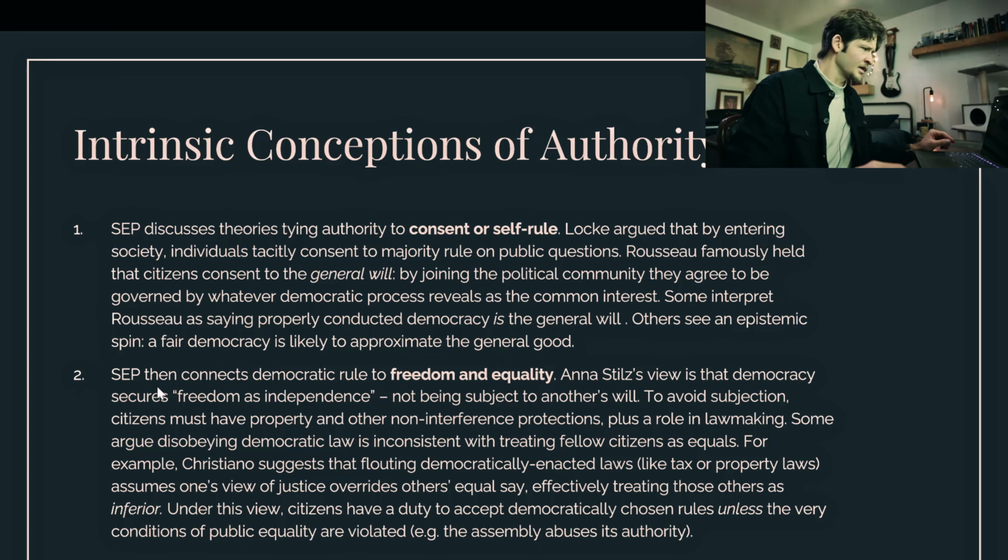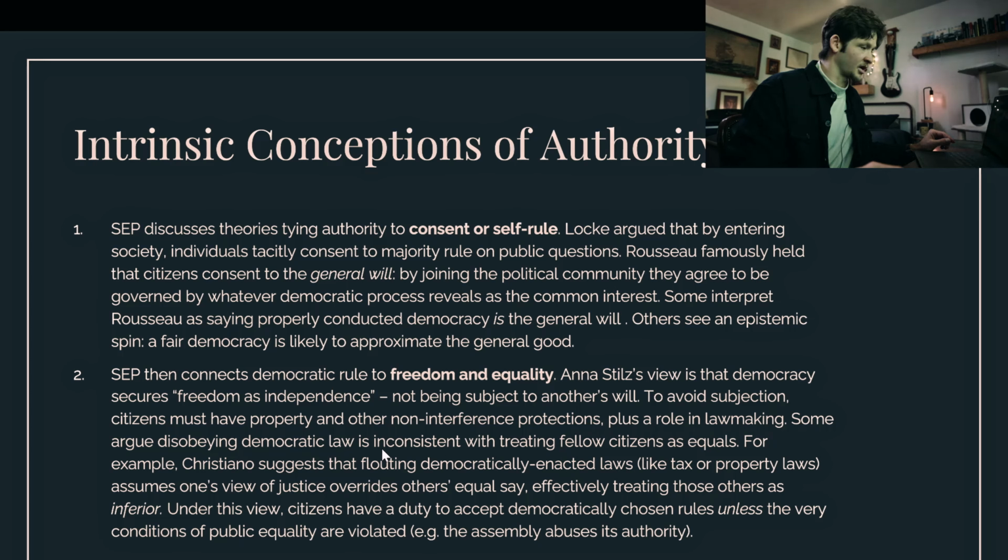2. SCP then connects democratic rule to freedom and equality. Anna Stilz's view is that democracy secures freedom as independence, not being subject to another's will. To avoid subjection, citizens must have property and other non-interference protections, plus a role in lawmaking.